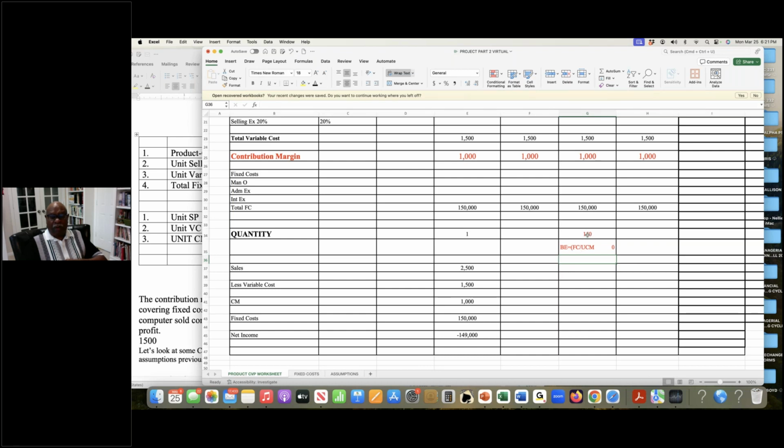With our quantity sold, it's going to equal the 150. We're going to multiply it by the selling price, the 2,500. Let me delete this out. We have 150, right?